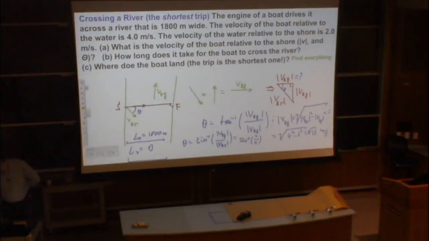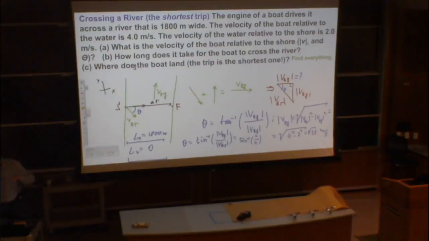In this situation, the actual displacement delta r looks like this. So the displacement doesn't have y component. So where does the boat land? Well, right across. That's it. It's not being dragged. How long does it take to cross the river? Well, we need to use variables related to x component.